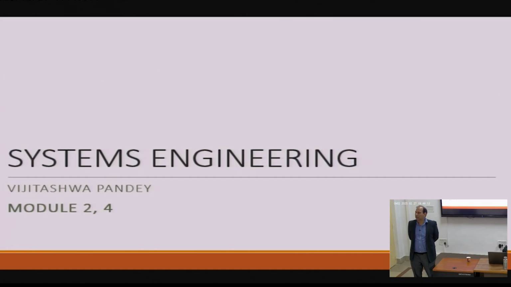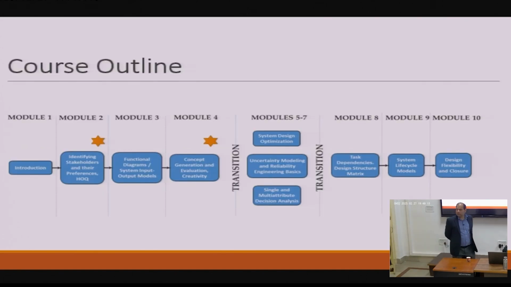Okay. All right. So this is just a visual of where we are. Like I said, Modules 2 and 4. We were talking about identifying stakeholders and their preferences, and we said there are two different ways we can think about people's preferences.